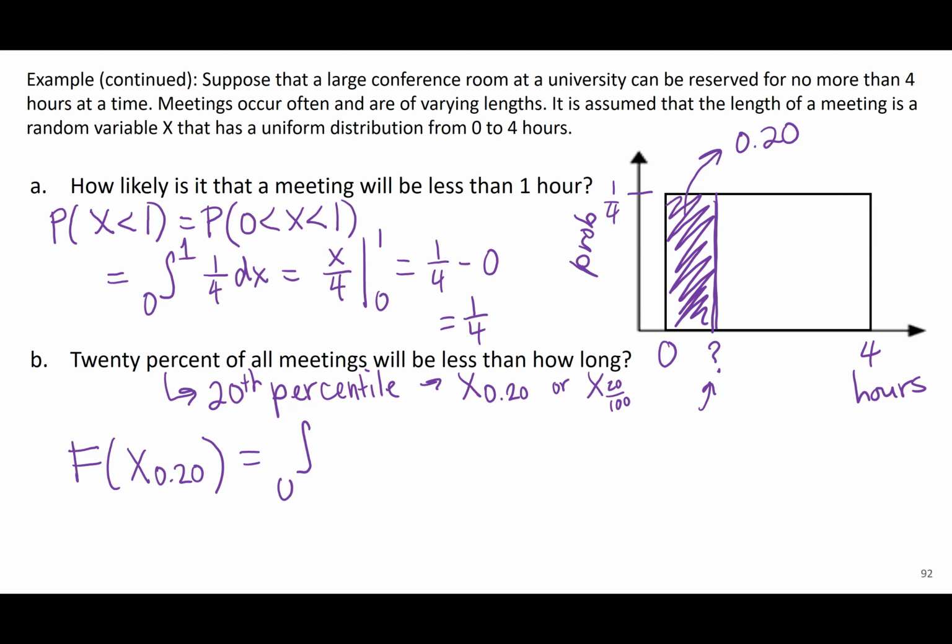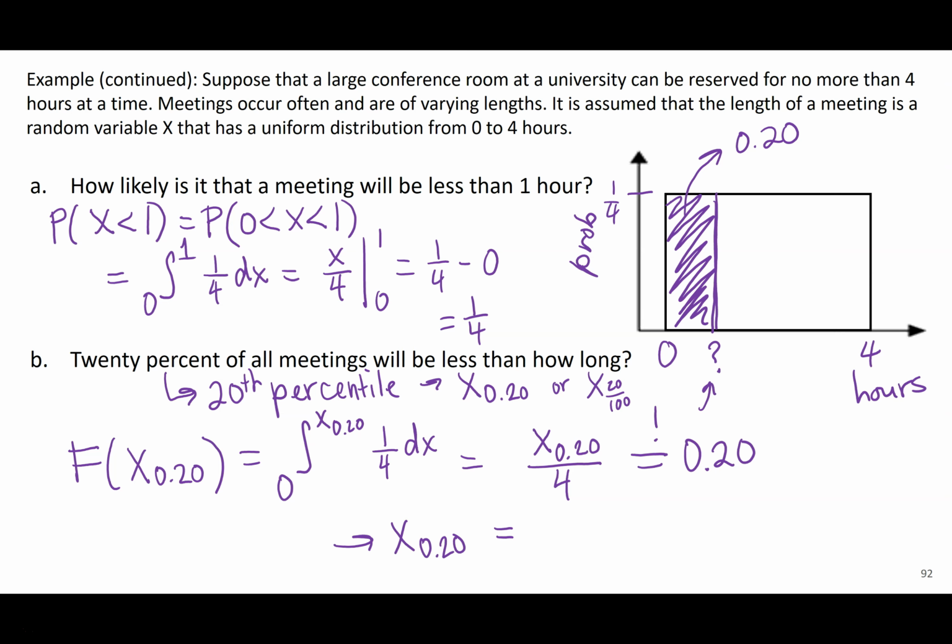So from 0, the lowest value, to x 0.20, 1 over 4 dx. I'm going to end up getting x 0.20 over 4. And we're going to set it equal to that 20%. This is going to be very, very easy as far as math goes. I'm going to end up getting x 0.20 is equal to, multiply 4 by both sides, 0.80.